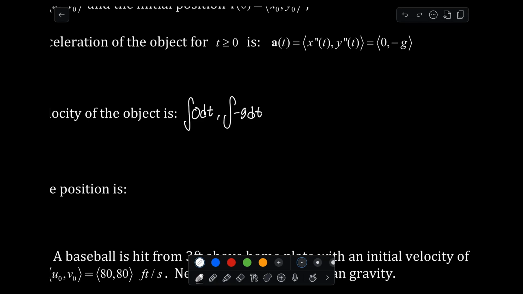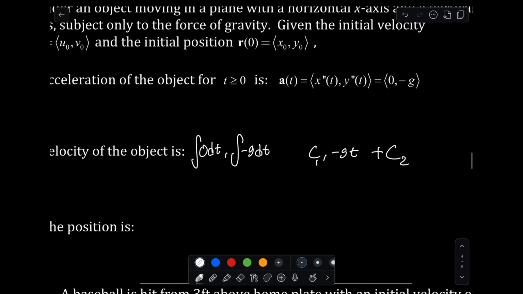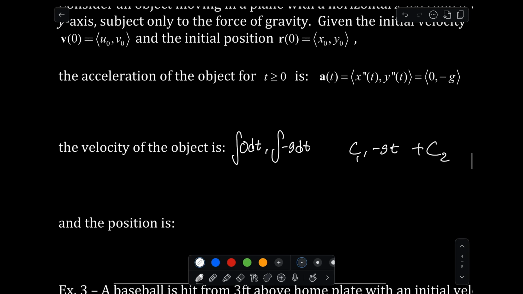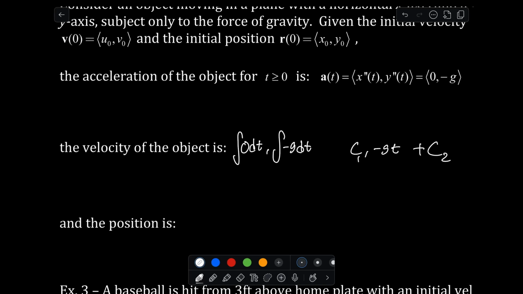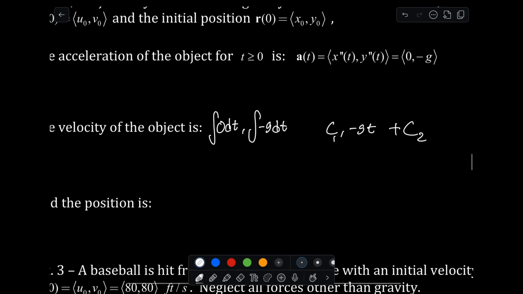It's going to be some constant c, negative gt plus some constant c, right? But our velocity is also given an initial condition at 0, it's going to be u naught and v naught, so it's going to be u naught, negative gt plus v naught.